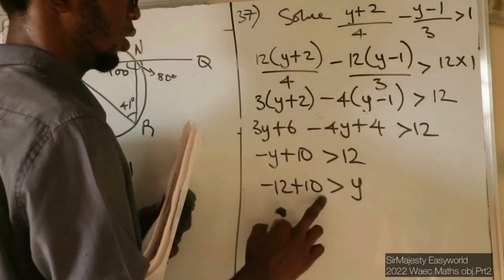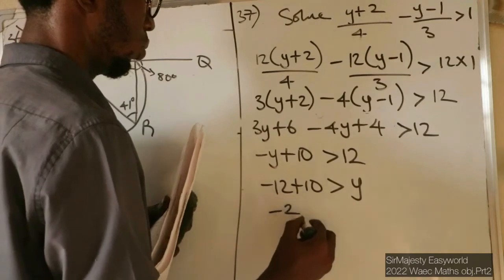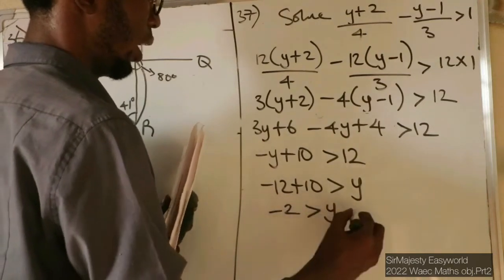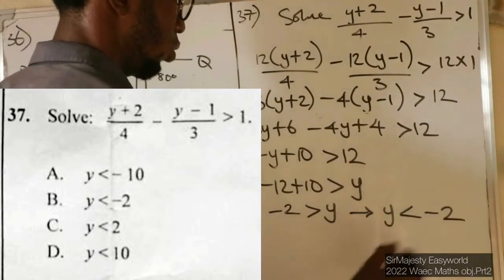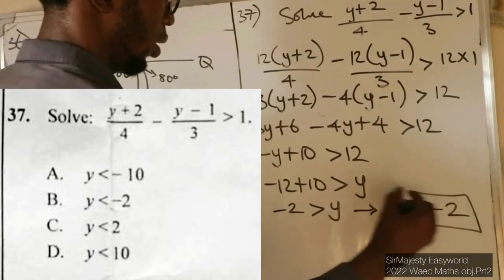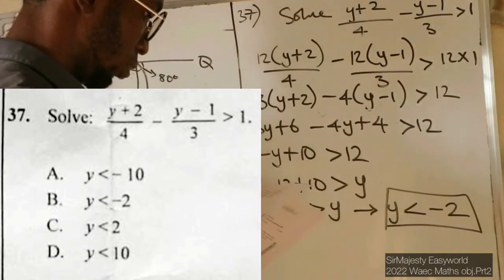Minus 12 plus 10 gives us minus 2 is greater than y. This implies that y is less than minus 2. So y less than minus 2 is option B.